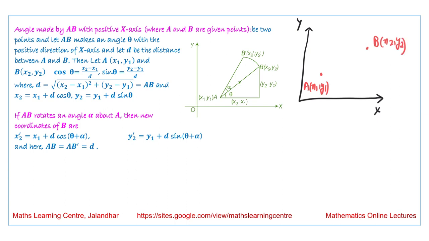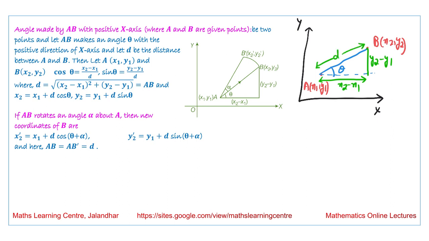Now if we join both these points, we obtain a line, and the angle this line makes with the x-axis, suppose it is theta. If we draw a perpendicular, this length is x2 minus x1, this length is y2 minus y1, and the distance between these 2 points is d.